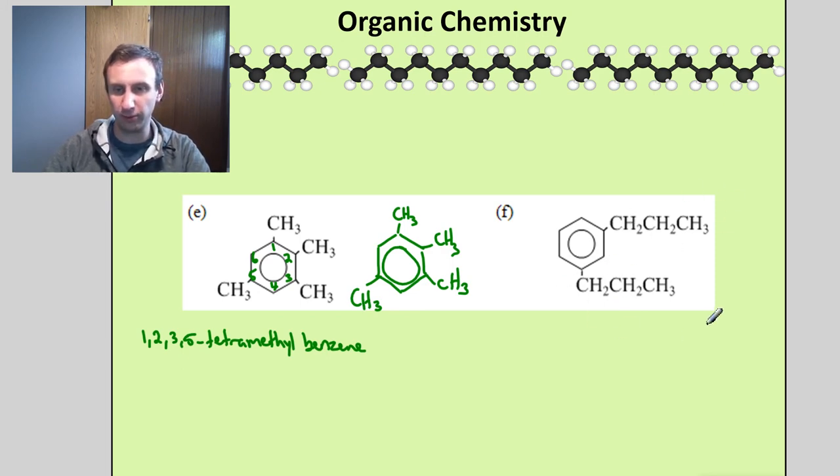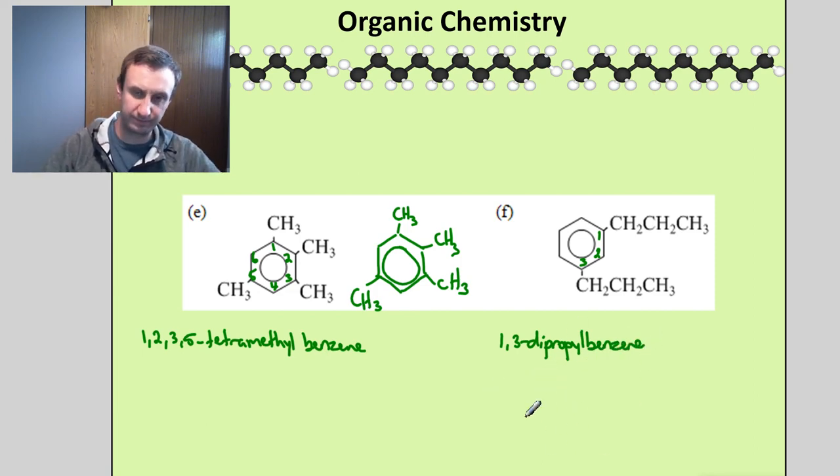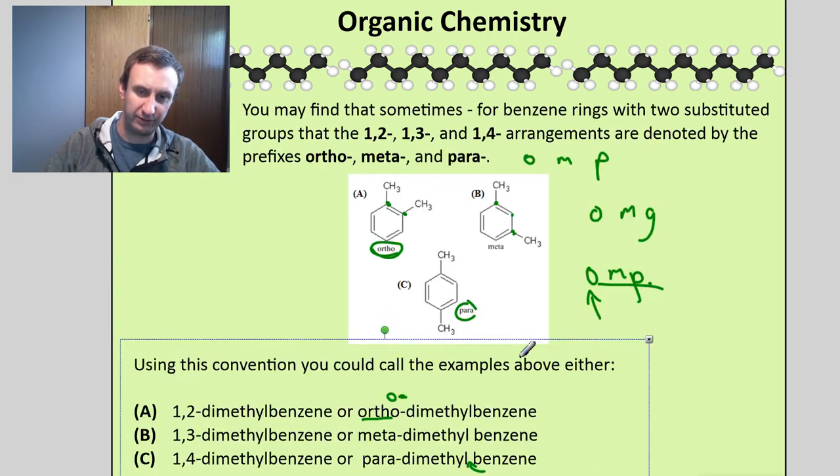So I have 2 propyl groups. I could name this 1,3-dipropylbenzene. Or if I wanted to get fancy, I could name this... I'm just realizing right now that I did this wrong, and these should not have a space in them. I feel bad. All of these should be spaceless.